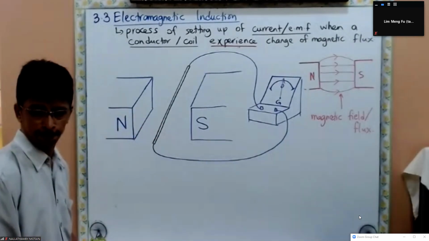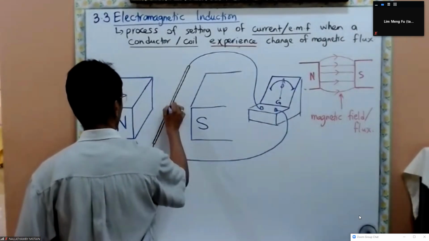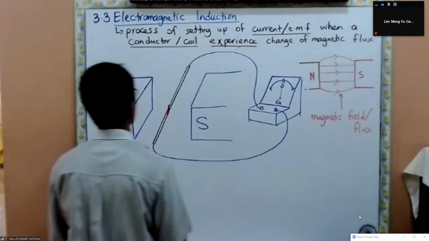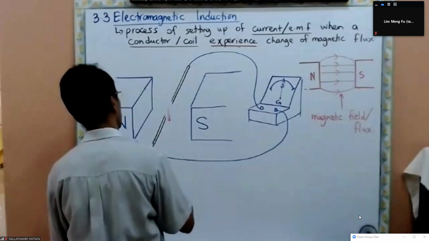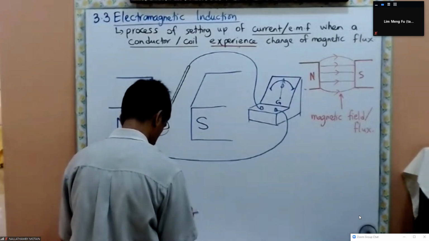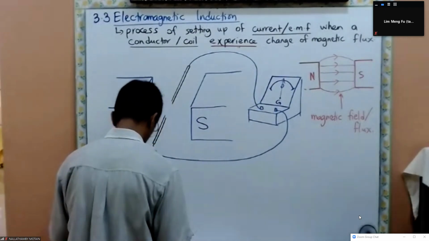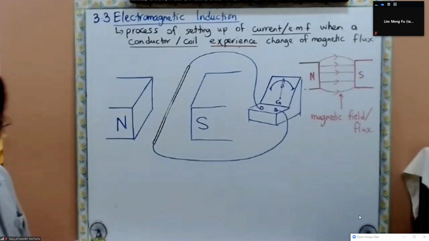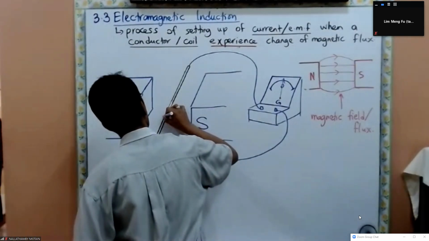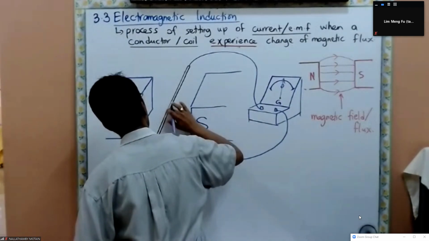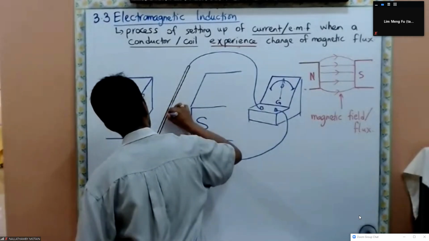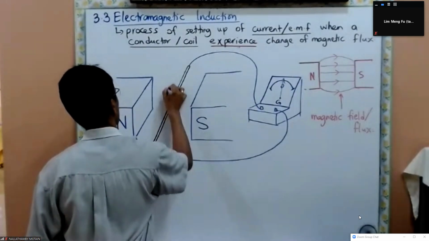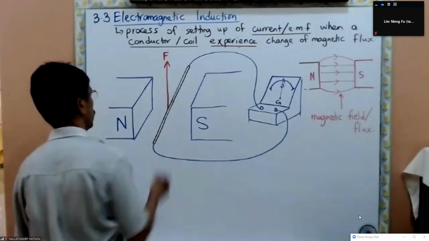Now, if this conductor is being moved upward, let's say I move it upward, what did I do?